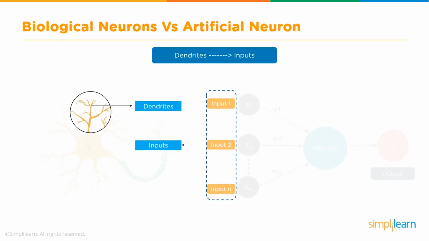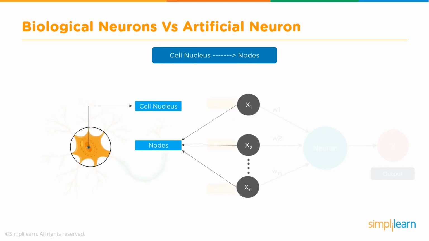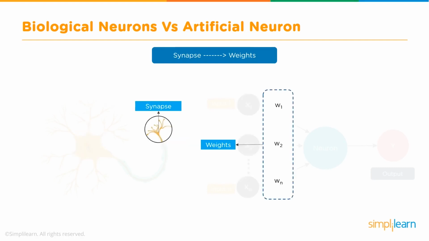This is how a biological neuron looks. It has dendrites, and the corresponding component in an artificial neuron is the inputs. They receive the inputs through dendrites. Then there is the cell nucleus, which is basically the processing unit in a way. In an artificial neuron also there is a piece which is the equivalent of this cell nucleus, and based on the weights and biases, we will see what exactly weights and biases are as we move on, the input gets processed, and that results in an output.